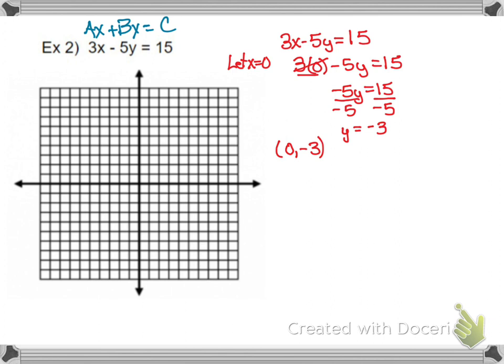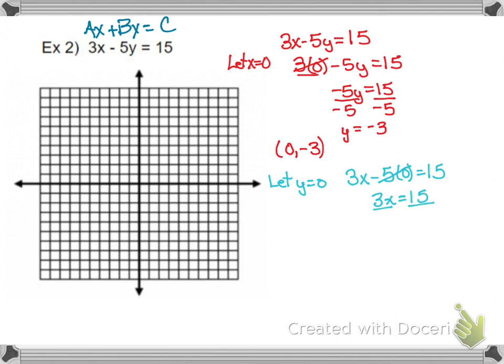Then I can do the same thing and find the x-intercept. To find the x-intercept, you're going to let y equal 0. So in the equation, you would have 3x minus 5 times 0 is equal to 15. 5 times 0 is 0, and you get 3x is equal to 15.